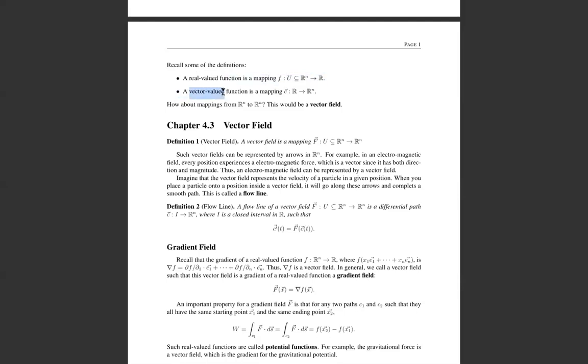Another kind of function is vector value function. We did before last class. The graph of this vector value function would be a path, that maps a value in R into an Rn vector, n-dimensional vector.